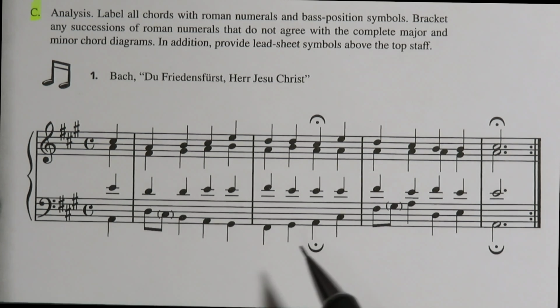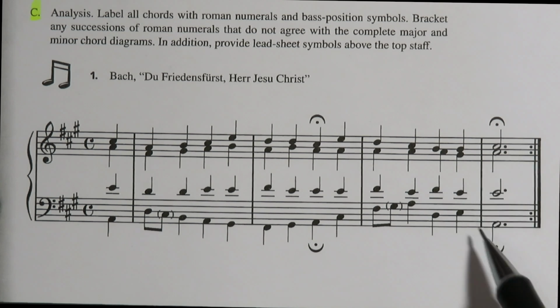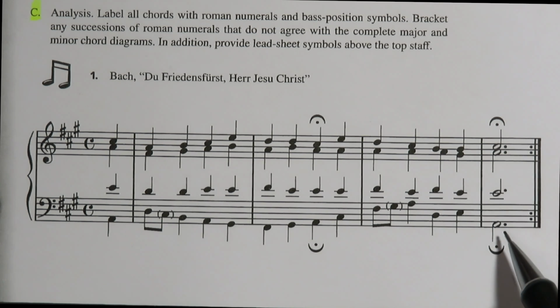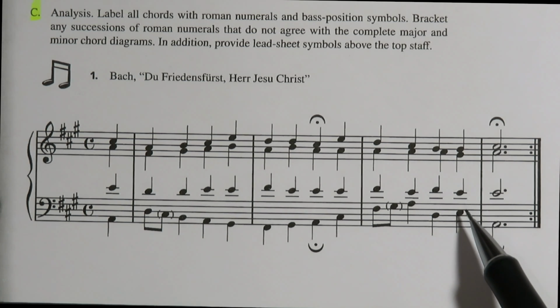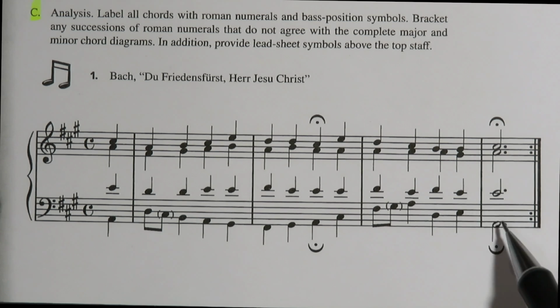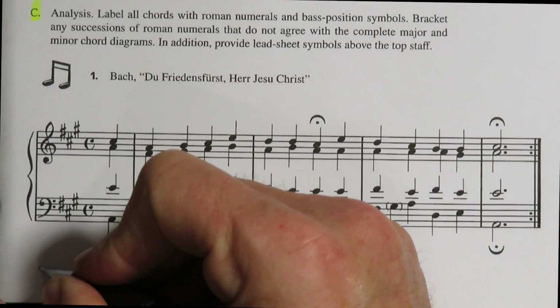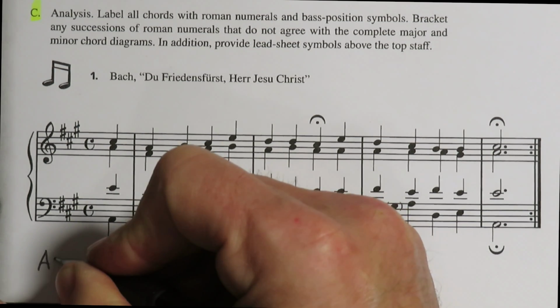Let's just make sure and check the end, and it ends on an A too. Okay, we have an E major to an A major, 5 to 1 cadence. So we know that it is A major. Okay, so let's put that down here. A big A.